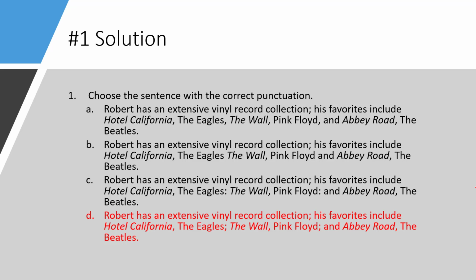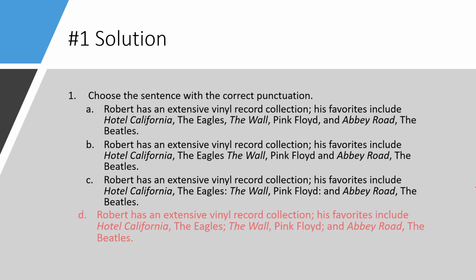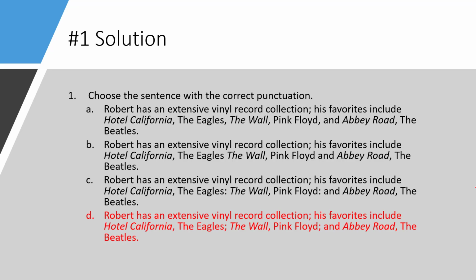In order to separate the album from its artist, you need a comma, and because each item already has a comma, you would need the semicolon to separate item 1, which is Hotel California by the Eagles, from item 2, which is The Wall by Pink Floyd, and then from item 3, which is Abbey Road from the Beatles. So you want the comma within the item and then the semicolon to indicate that the item is complete. Number 2.